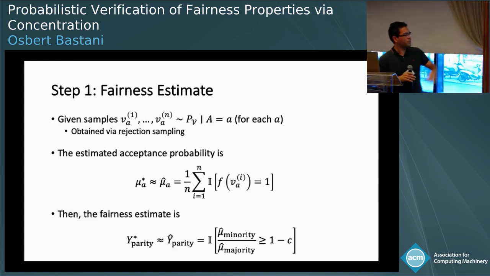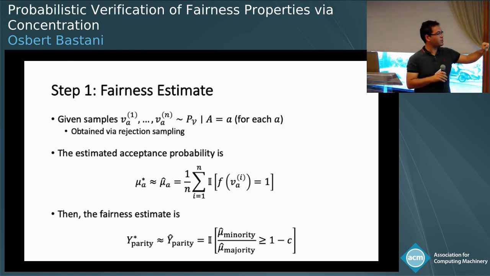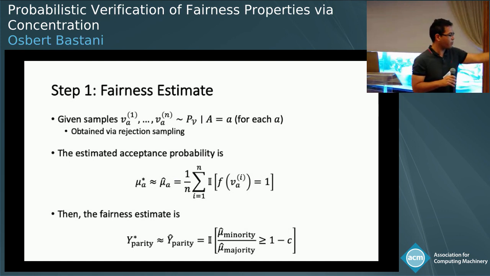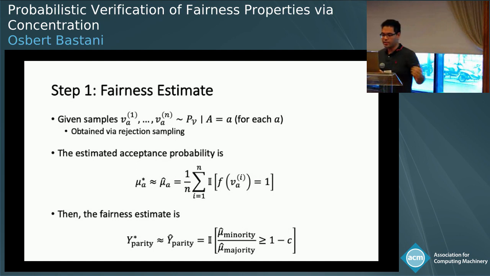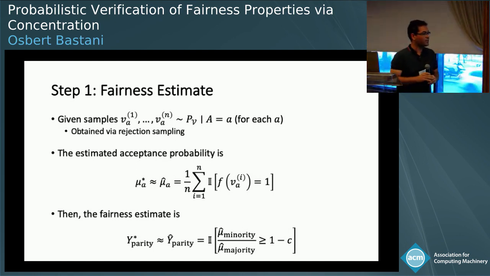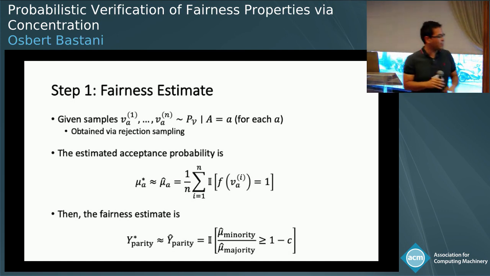So this is an estimate. And then once we have this estimate of mu A star, we can just plug it into the formula for Y parity star to get an estimate of Y parity star, which we call Y parity hat. This is the estimate computed on the first step of our algorithm.